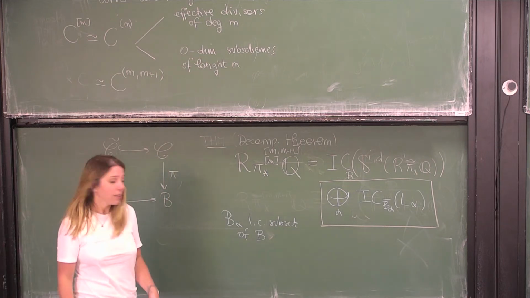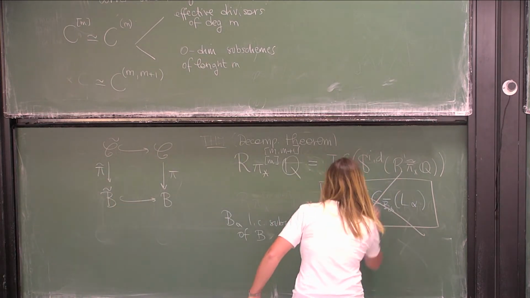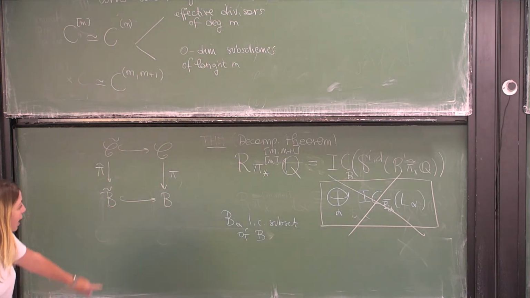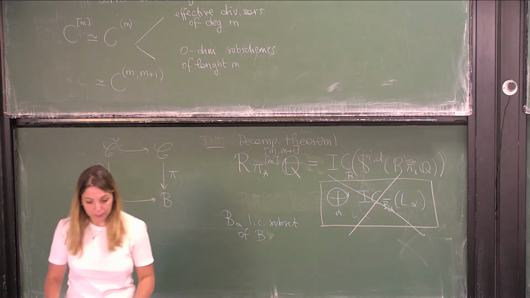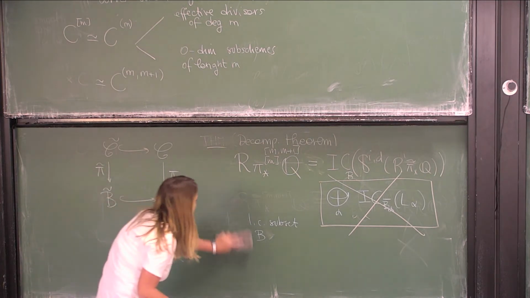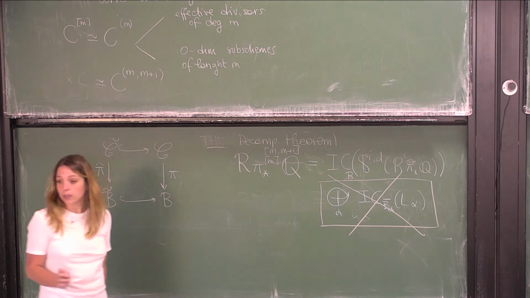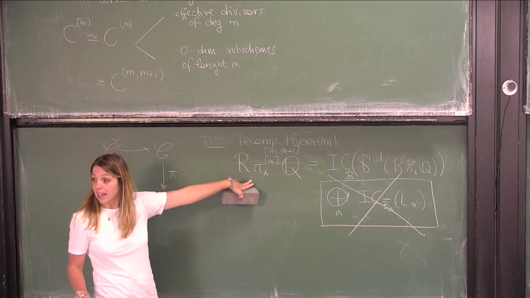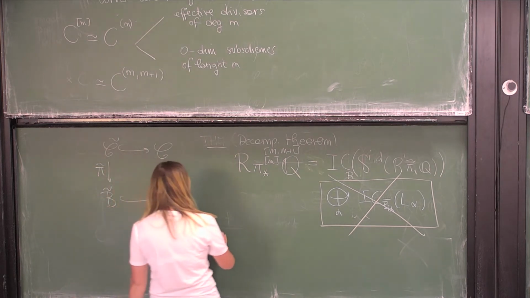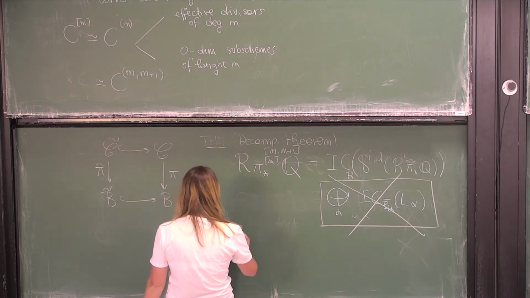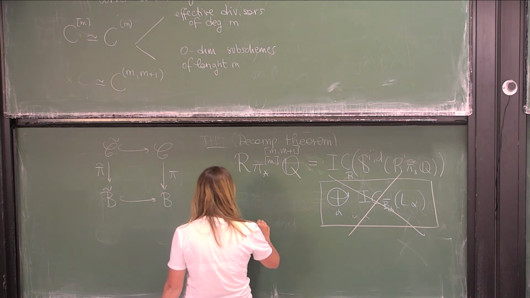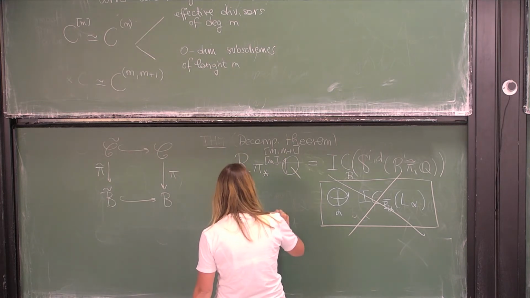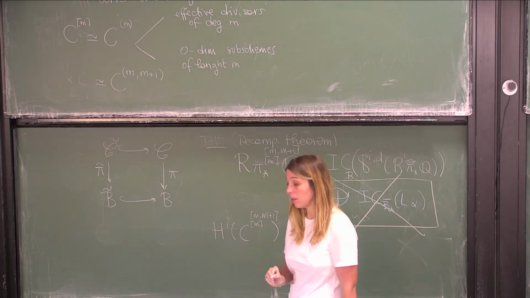Why am I saying that? So suppose that this guy disappears. So now, what happens here? If we compute the stalk of the cohomology sheaf of the left-hand side at 0, what we get is precisely H^i of C^[m] or C^[m, m+1], depending on the complex, okay?